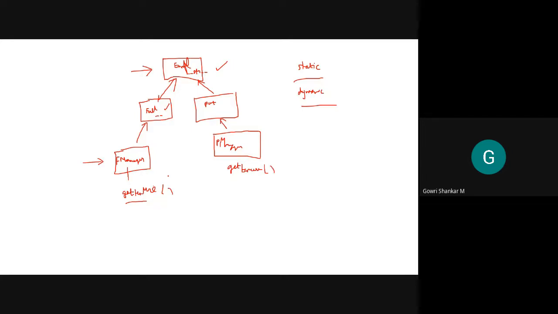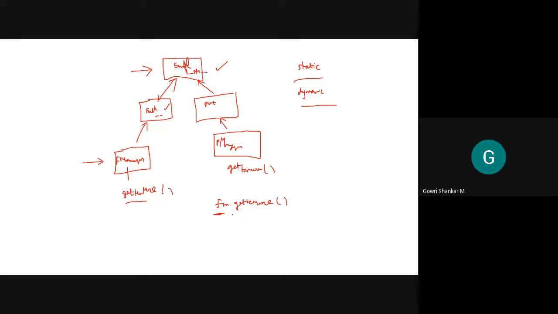Now, I create an object for F manager, say fm, and then I say fm dot get tenure. As soon as you see the object here, during compile time itself it knows that it has to call the get tenure function present in the F manager class.